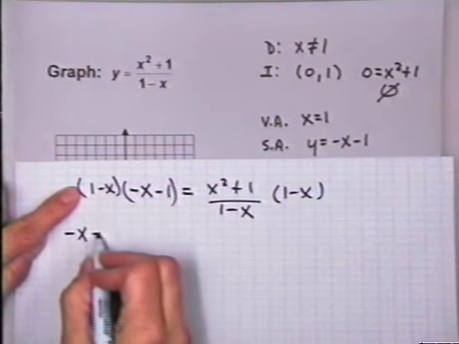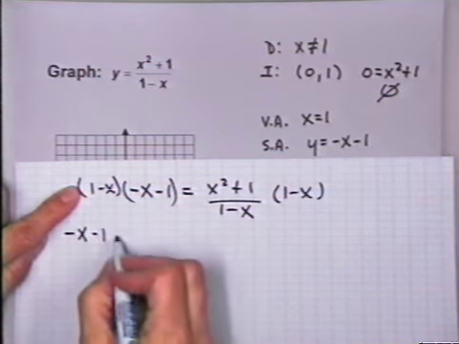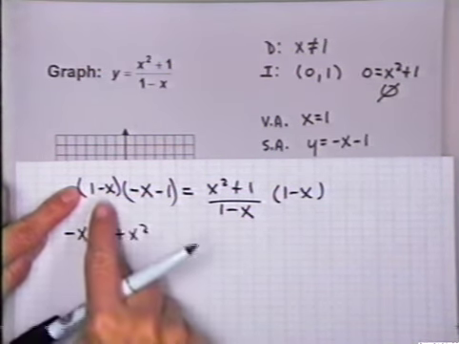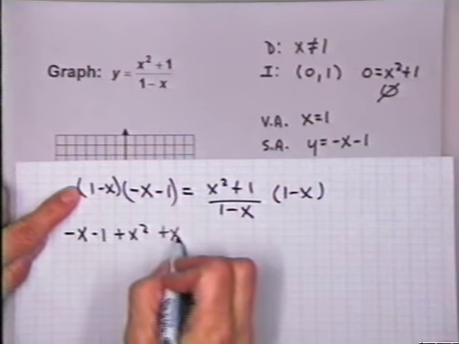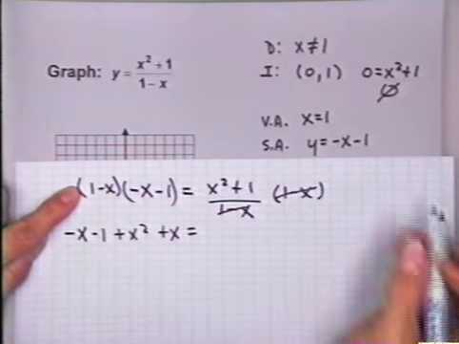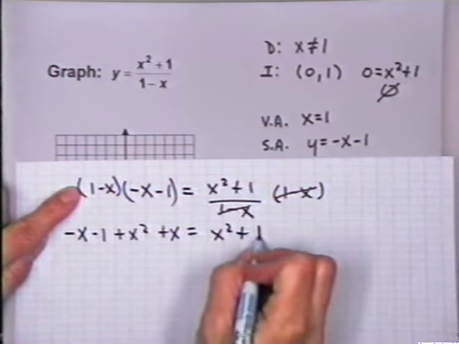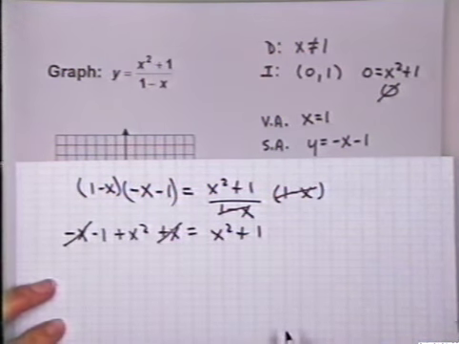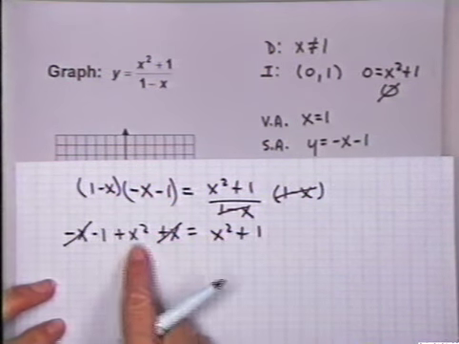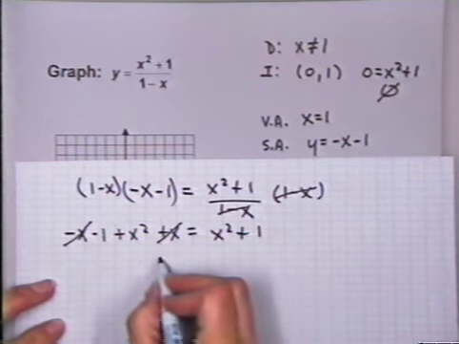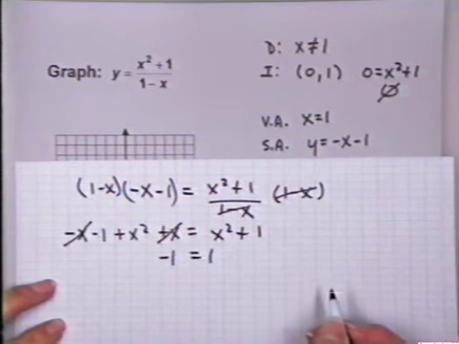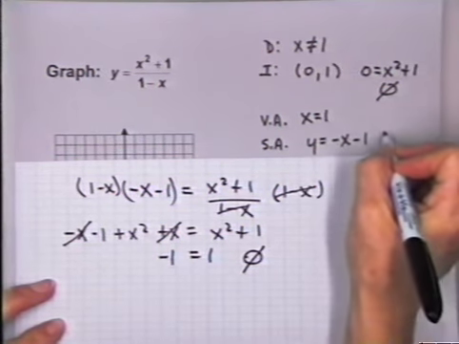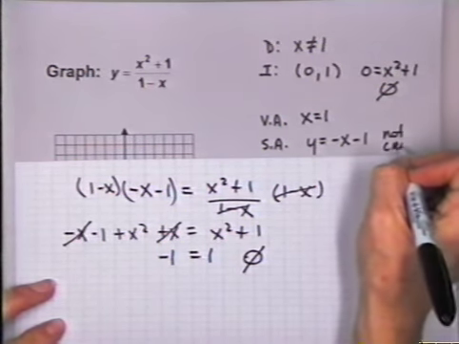Outside product is negative 1. Inside product is a plus x squared and plus x. On the other side, those cancel, and I have x squared plus 1. Notice on this side, my minus x plus x cancels out. If I subtract x squareds, I get negative 1 equals 1. No solution. So again, I will not cross.